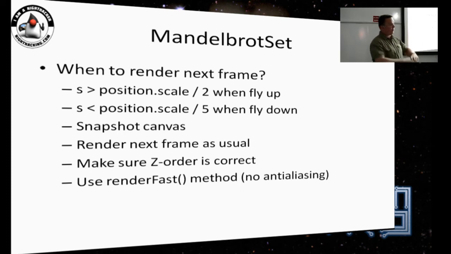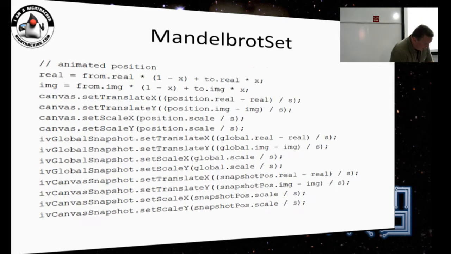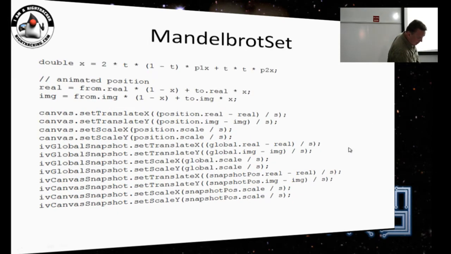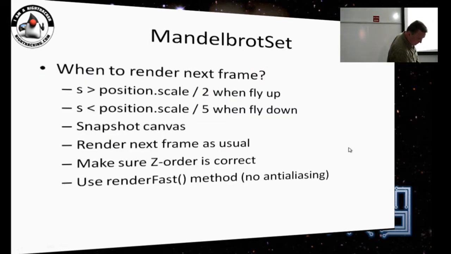So we snapshot our current canvas and put that snapshot into this canvas snapshot object, which is an image view, and we render our next frame as usual, in the fastest way possible. We don't care about anti-aliasing.